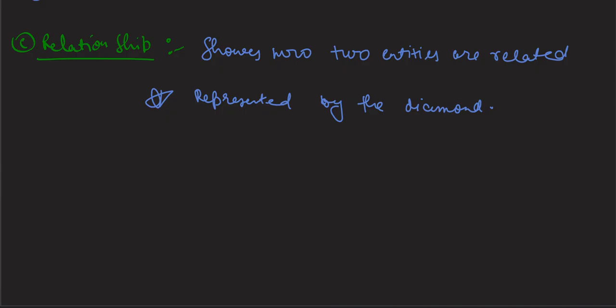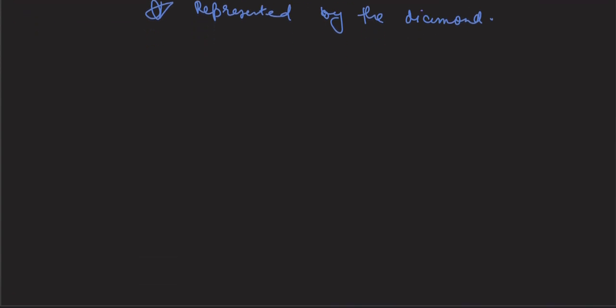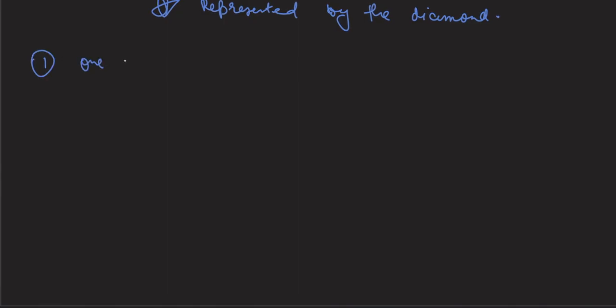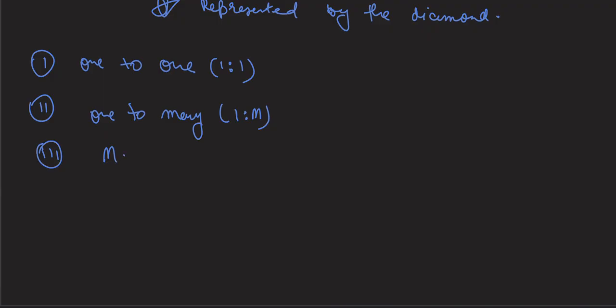So there are 3 types of relationship. So the first is one to one, okay. Second one is one to many. Third one is many to many.